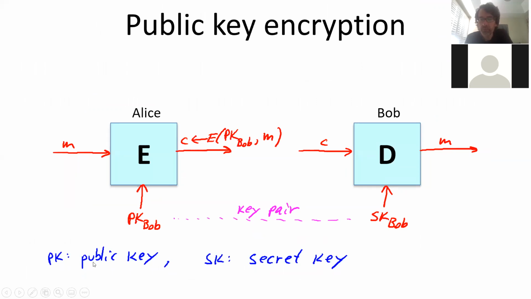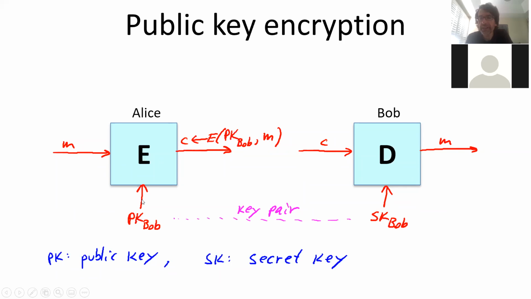It's what's called a public key pair. And the semantics of it is that the public key will be used by the encryption algorithm. So encryption computes the ciphertext on input the plaintext as before, but for a key it takes a public key. Decryption uses the secret key, the private key.